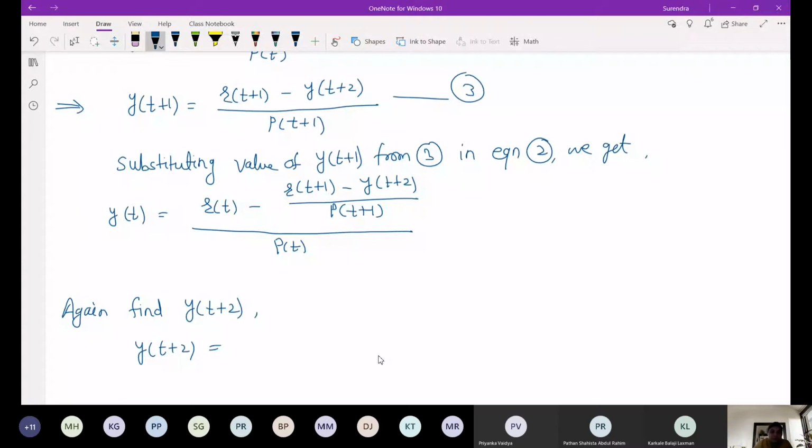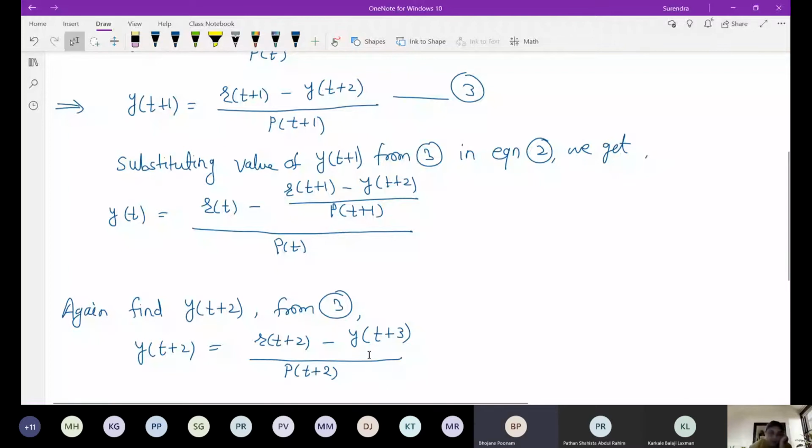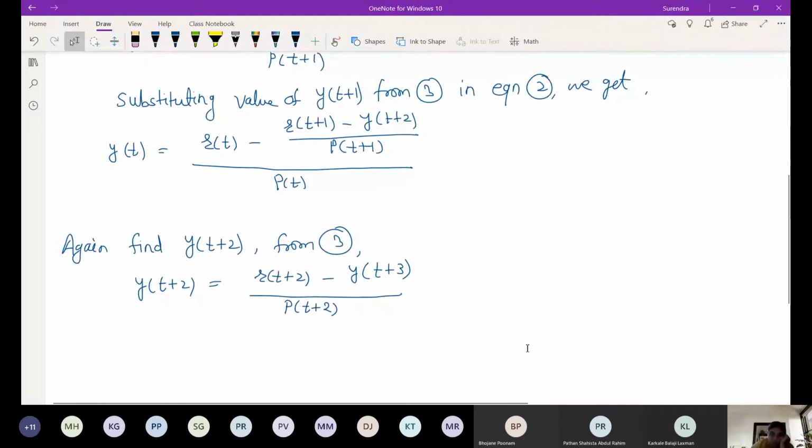From 3, y at t plus 2 will be r at t plus 2 minus y at t plus 3 divided by p at t plus 2. Now again I substitute; we can give this number 4.